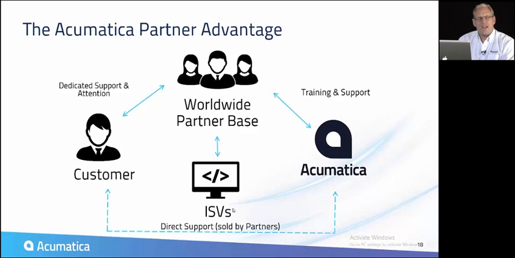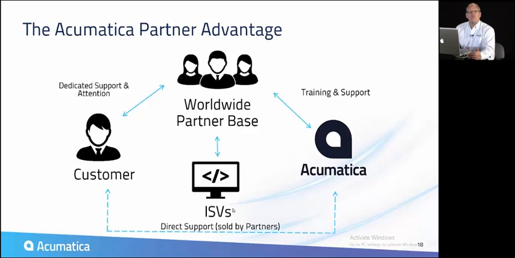And that's where we have our product sold exclusively through certified and qualified partners all around the world. Those partners provide you with the dedicated support and attention that you need. We then support those partners as well.